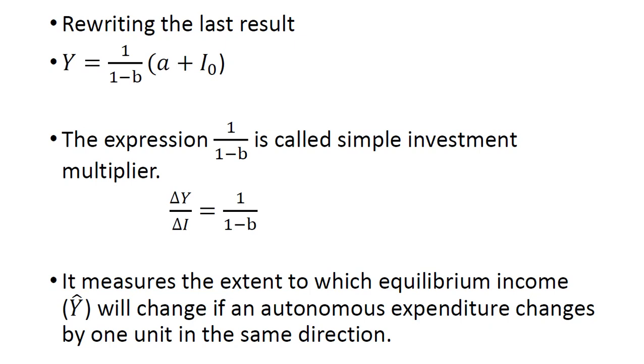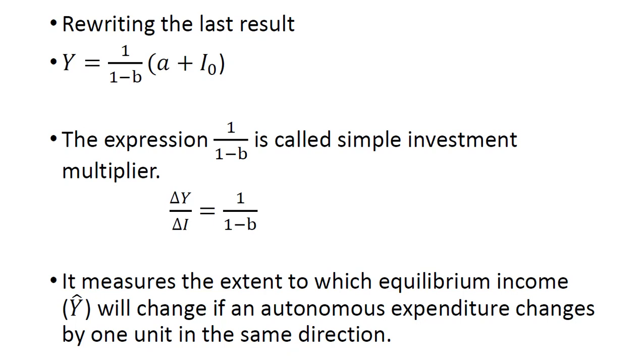It is just the change in Y as a result of a change in I. If you have some little knowledge in calculus, you realize that the 1 over 1 minus B is just the dY over dI. So this expression, the multiplier, measures the extent to which equilibrium income will change if autonomous expenditure changes by 1 unit in the same direction.